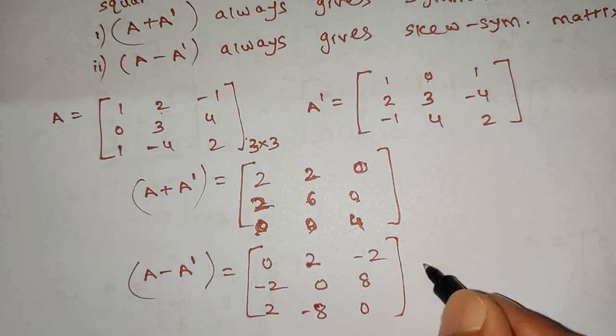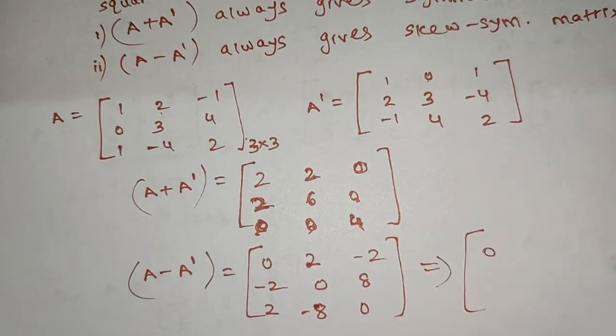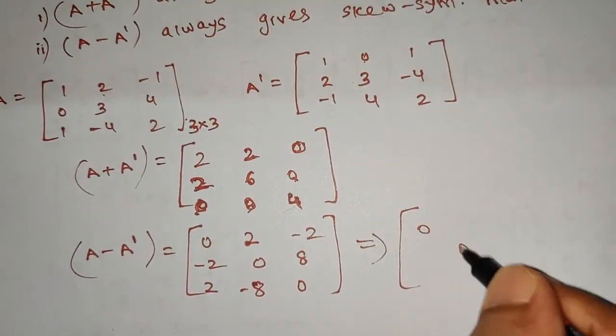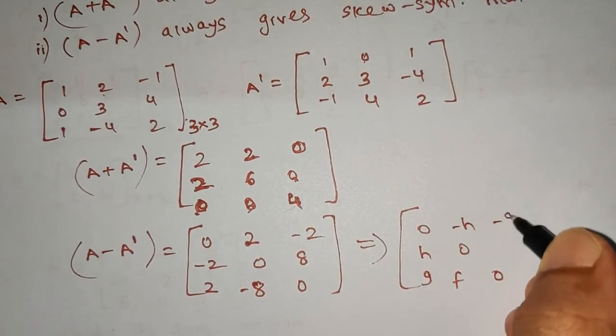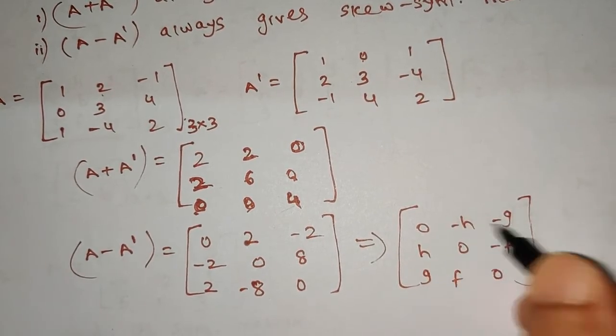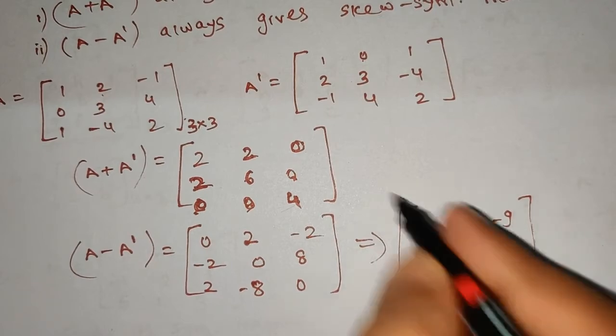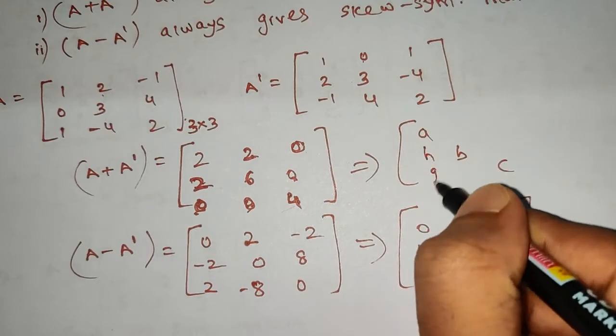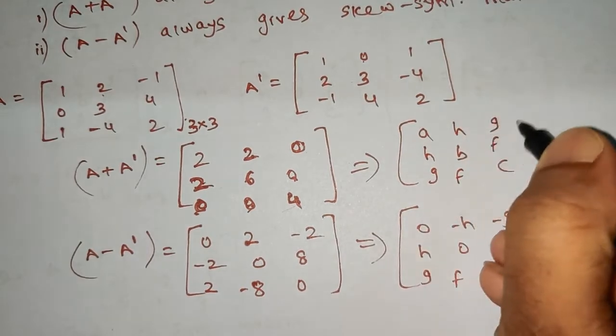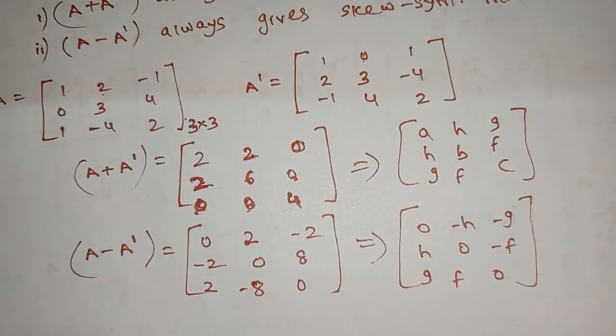As you already know, this is exactly like 0 H G, minus H 0 F, minus G minus F 0, which was the general representation for a skew symmetric matrix, and the earlier one is exactly like the general representation for a symmetric matrix.